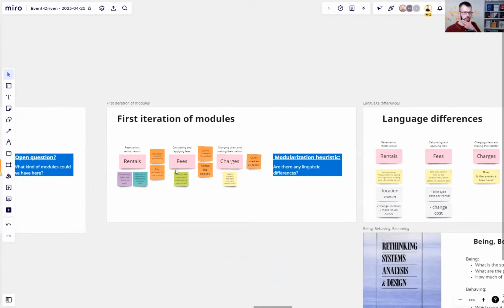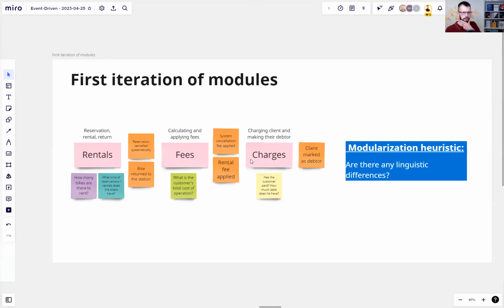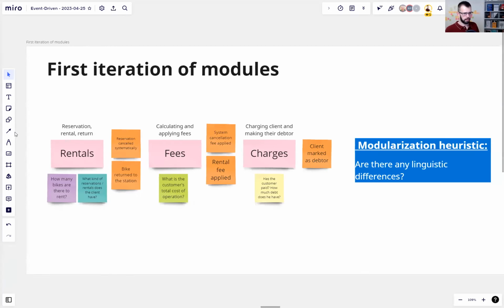Yeah, in our situation, the rental fees, charges, payments. That's right, payment is usually the first part that can be reused. It's not always an easy question to answer, but it's always worth asking this kind of question.